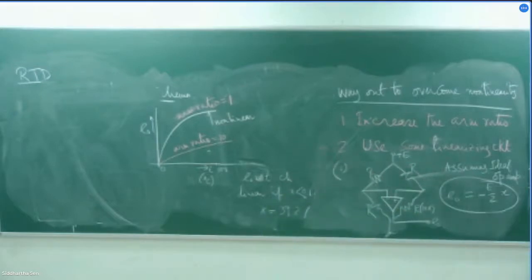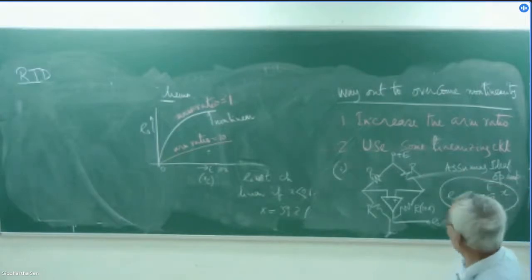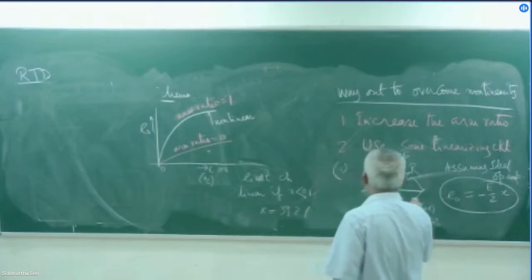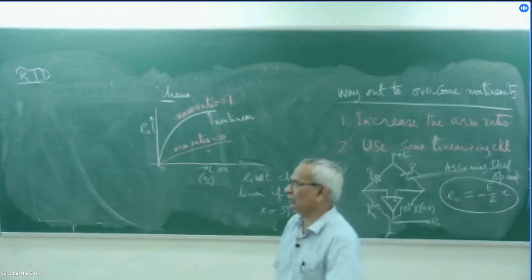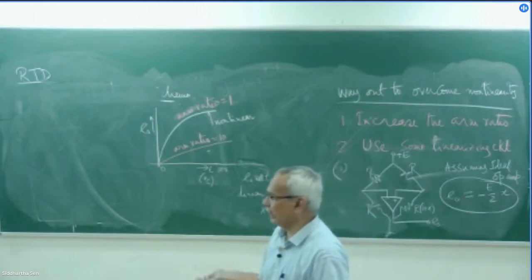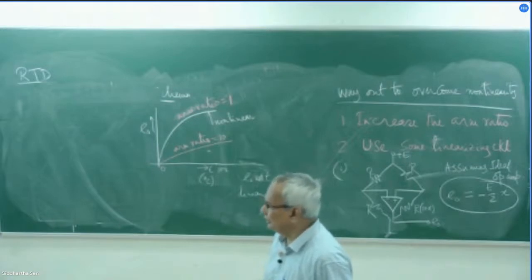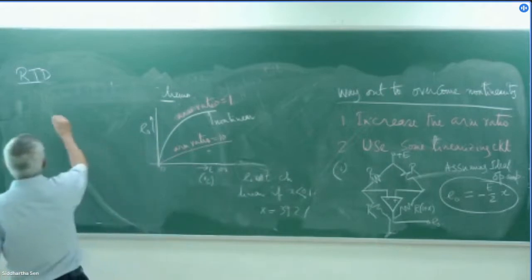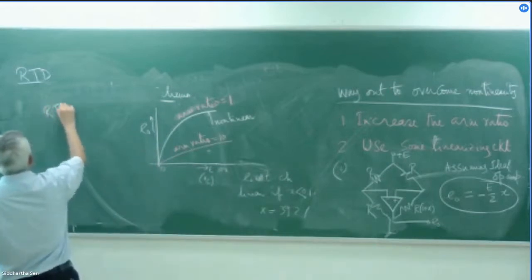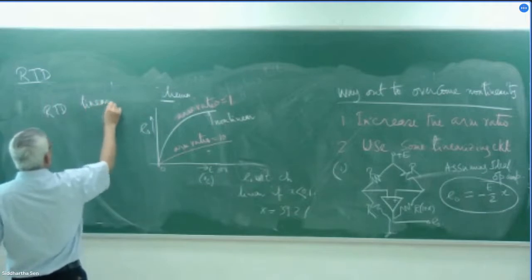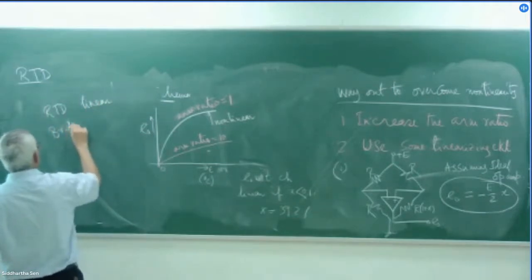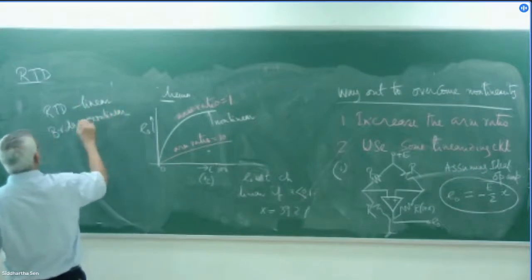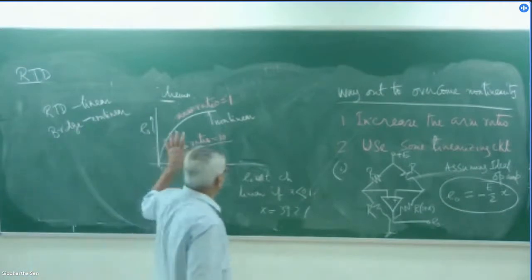There are many other schemes, but basically they can be categorized as linearizing schemes for RTD or resistive sensors with nonlinear characteristics. The RTD characteristic is linear, I am assuming, but the bridge circuit characteristic is nonlinear. So these two together make the characteristic nonlinear in general.